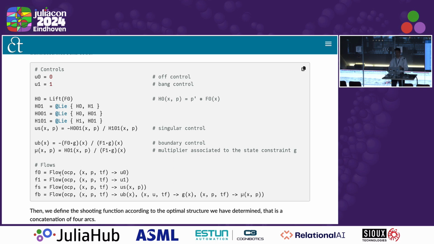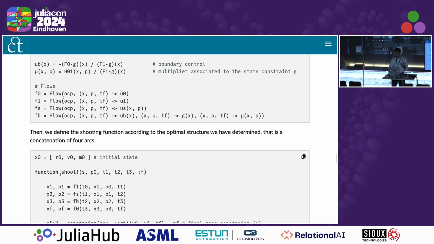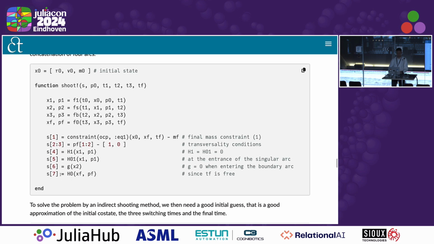This will call your favorite Runge-Kutta scheme, to allow you to define the shooting function in this very simple way. You will go from t0 to t1 using a bang arc. This will be the plus one arc, F1, so the flow of F1. Then you will go from t1 to t2 using the singular arc, the flow of the singular control here. Then from t2 to t3 using the boundary arc, and eventually you will use the coast arc, u equal to 0, with the final flow from t3 to tf.